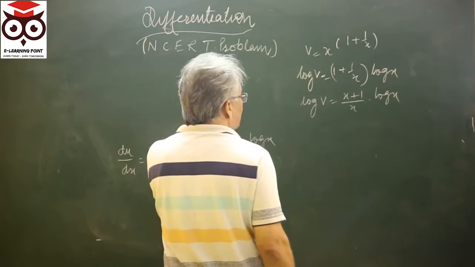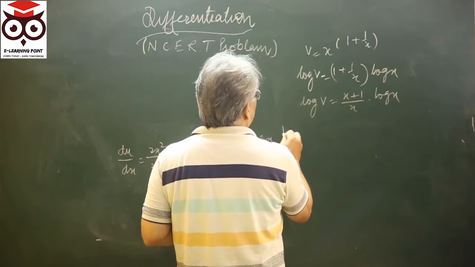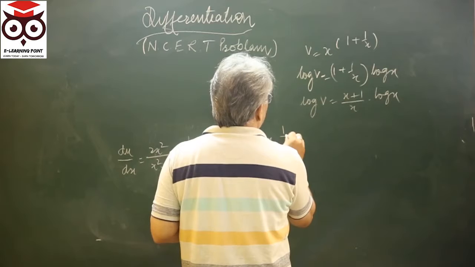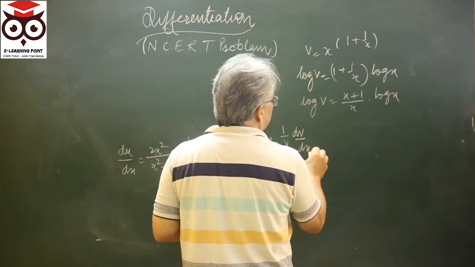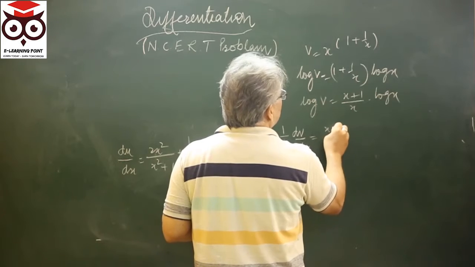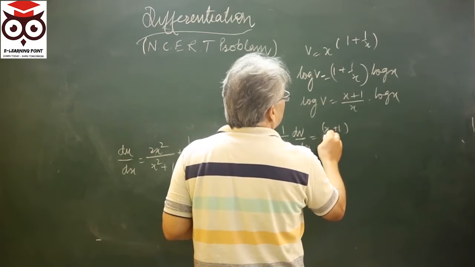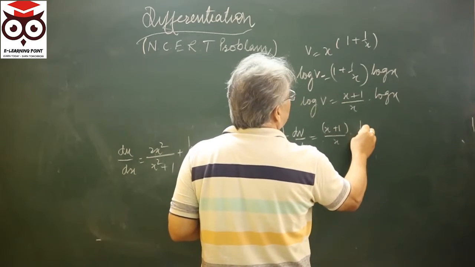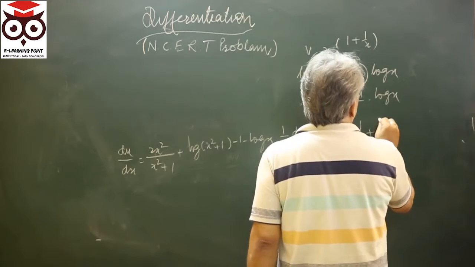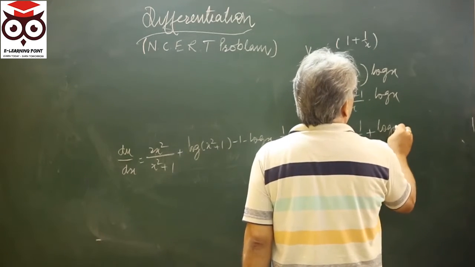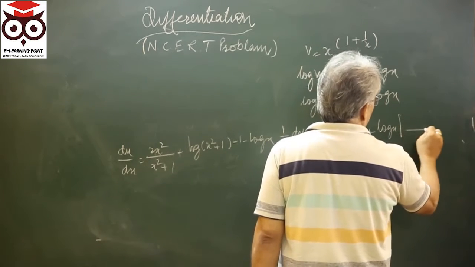Now you will use the product formula. So this is v, this is dv by dx. The first function as it is. This is x. Now another is log x here, and it is multiplied.